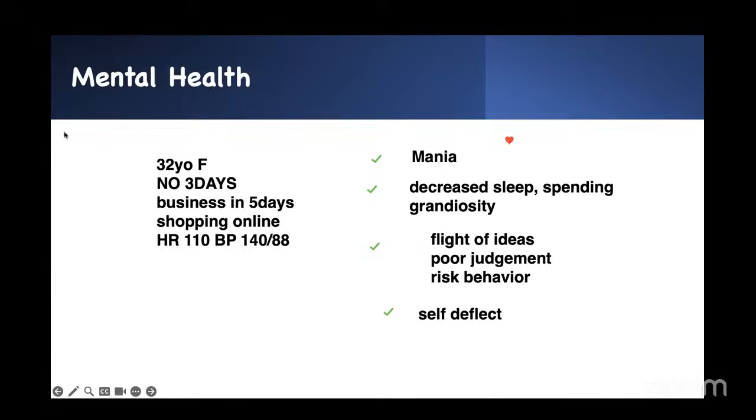When it comes to mania, if you see high energy, always think low judgment. High energy equals low judgment in terms of their thinking. They can't think properly, and that's why they spend money like that. Low judgment is the key thing about these people.